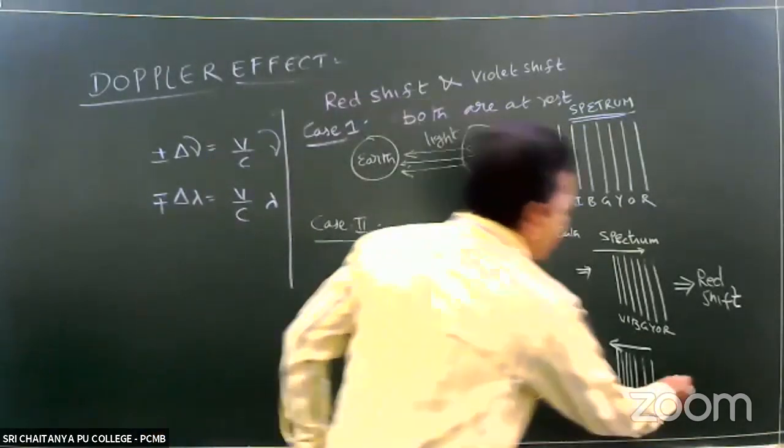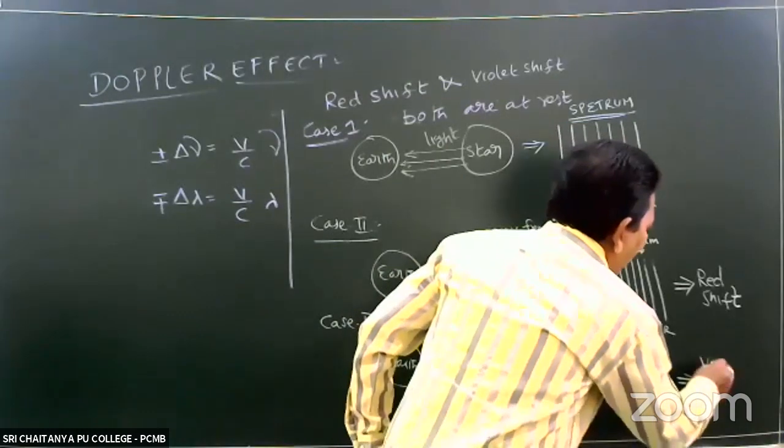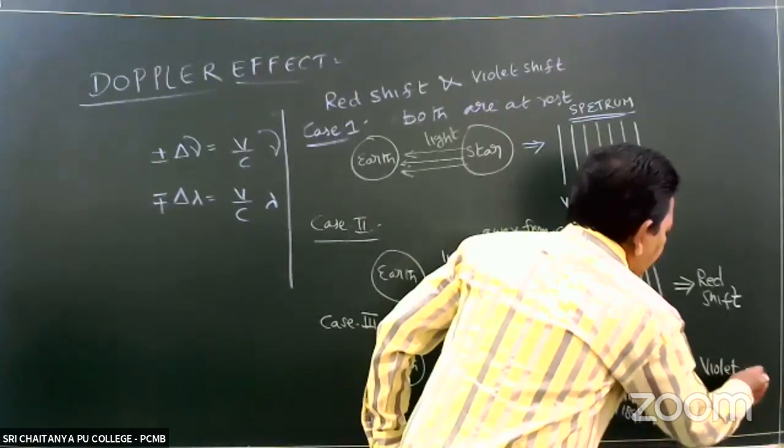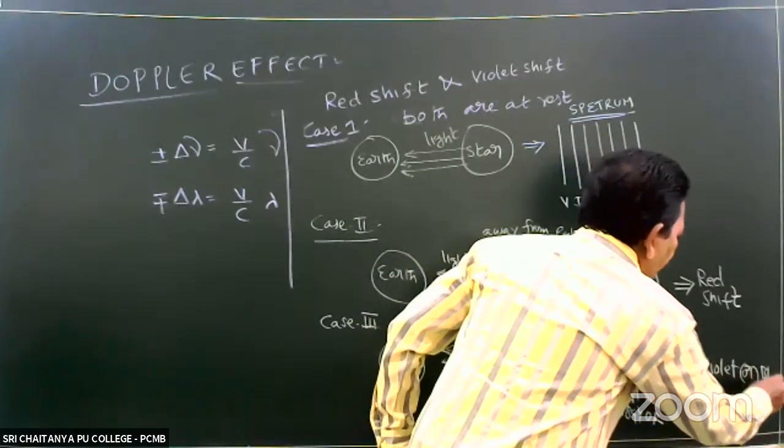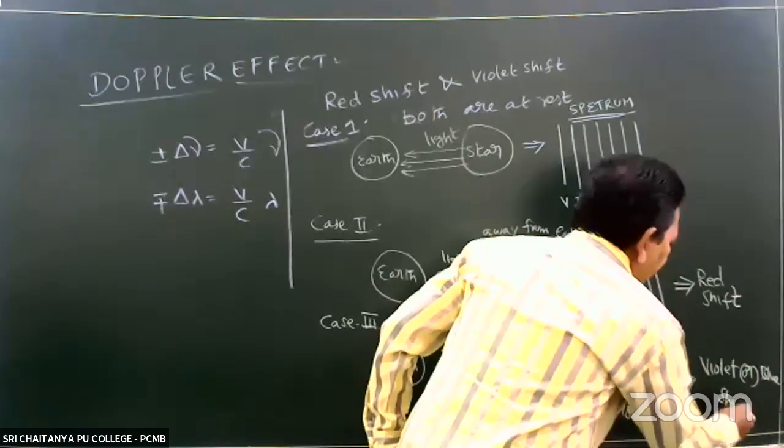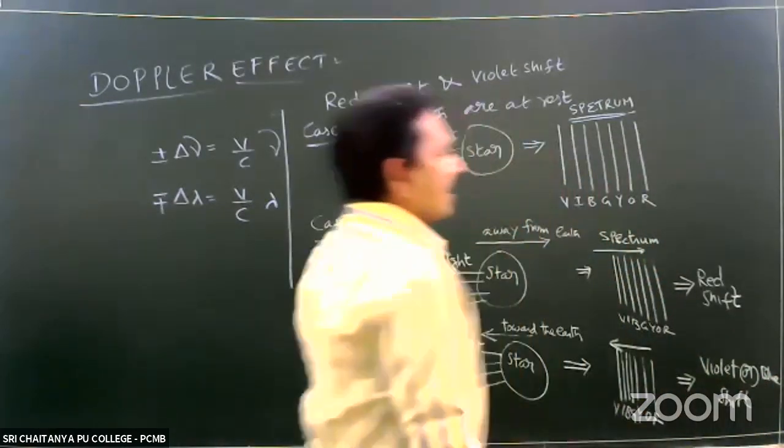That's why this is called violet shift, or sometimes blue shift also. Wavelength decreases, that's all.